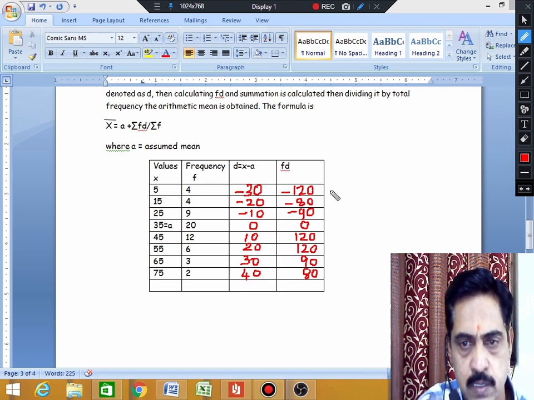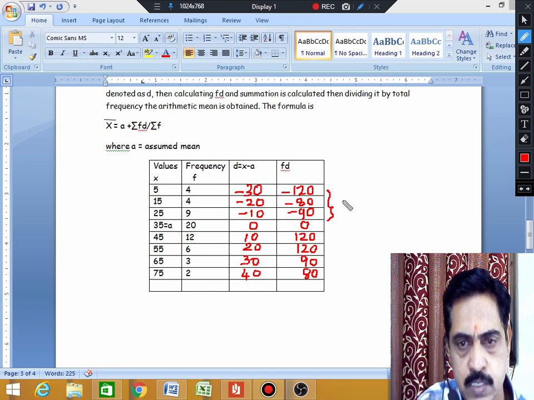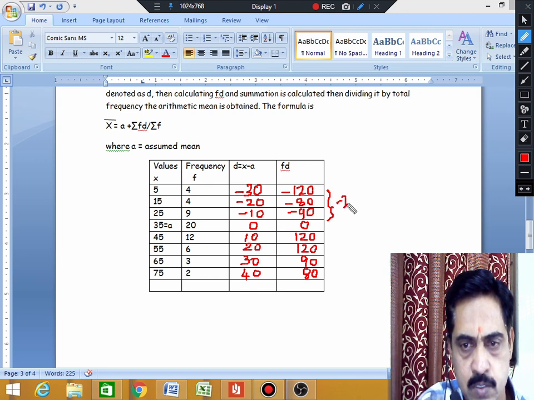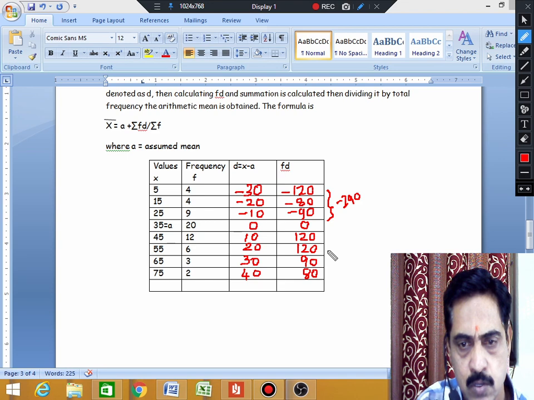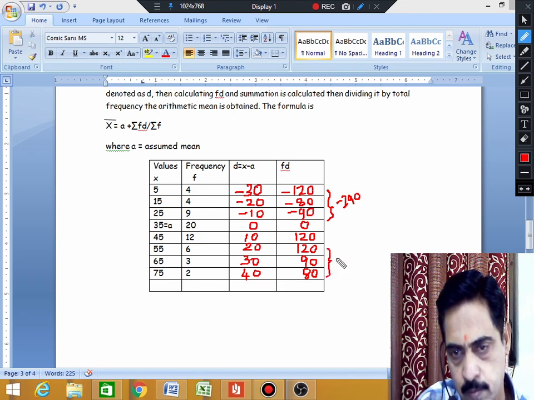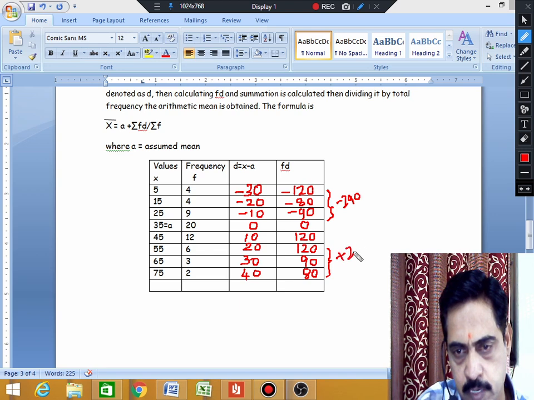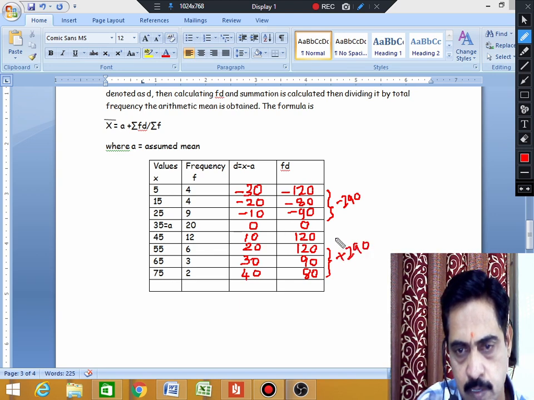Now we have to add these. Minus 120, minus 80, minus 90 gives minus 290, and 120, 120, 90, 80 gives plus 290 and this 120.